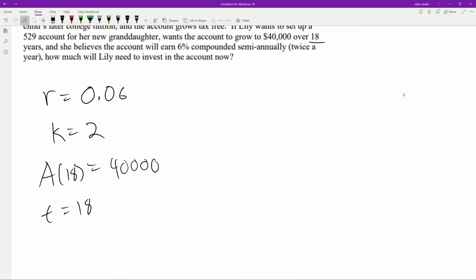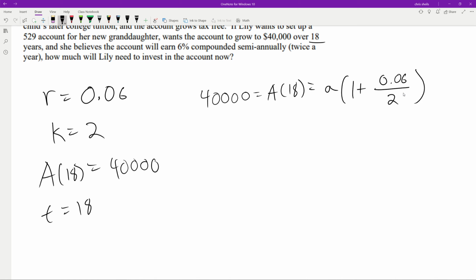Now if I plug everything in that I know, I have that 40,000, which is A of 18, is equal to A times 1 plus 0.06 divided by 2 to the 2 times 18. This means that 40,000 is equal to A times, plugging this stuff into the calculator, I get 2.8983.